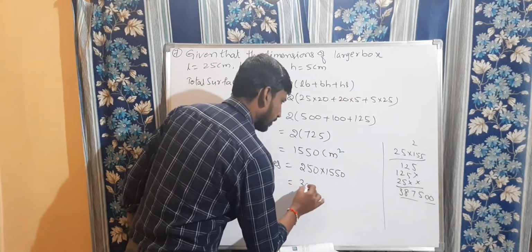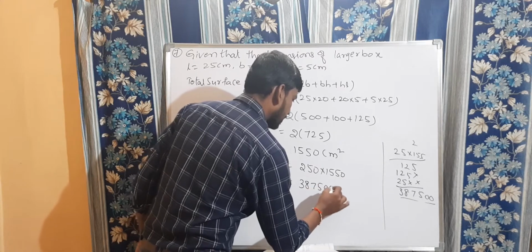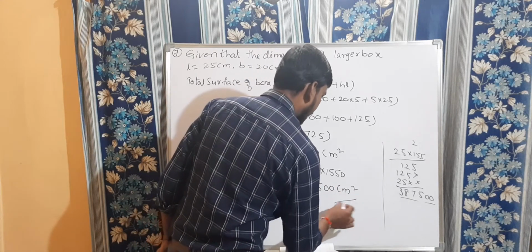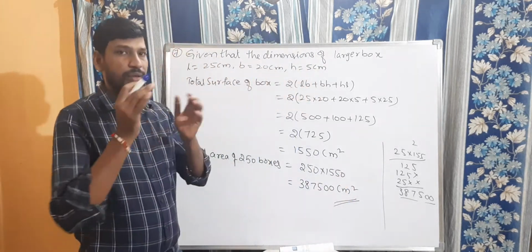Now this is 362500 centimeter square. This is the area of 250 boxes, the larger ones.